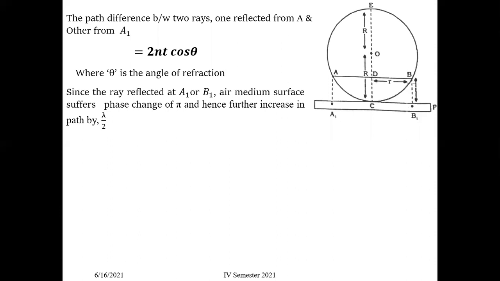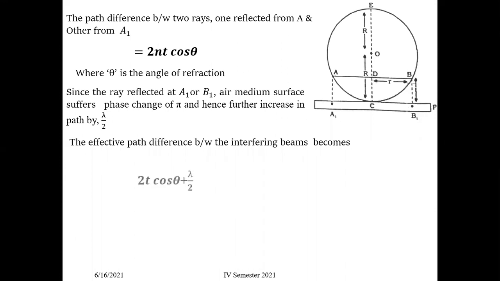So the light reflected from the plane glass plate has a phase change of pi. Then the effective path difference between the interfering beams becomes 2t cos theta plus lambda by 2. Here we neglect n because the refractive index n is equal to 1. Therefore, the effective path difference is 2t cos theta plus lambda by 2.